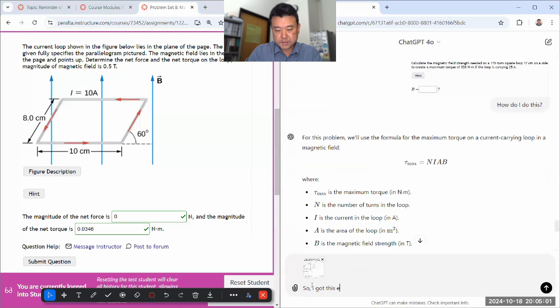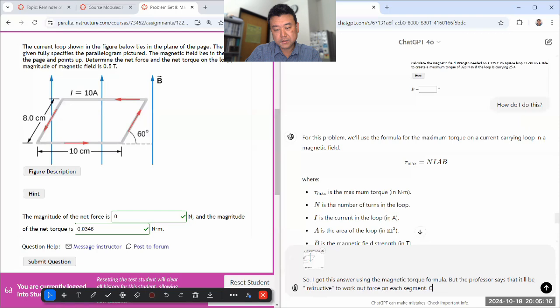So I got this answer using the magnetic torque formula, but the professor says that it'll be instructive to work out the force on each segment. Can you help me do that?